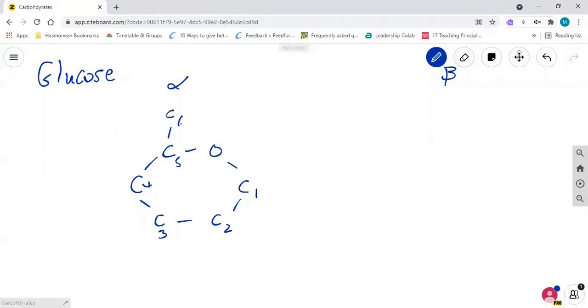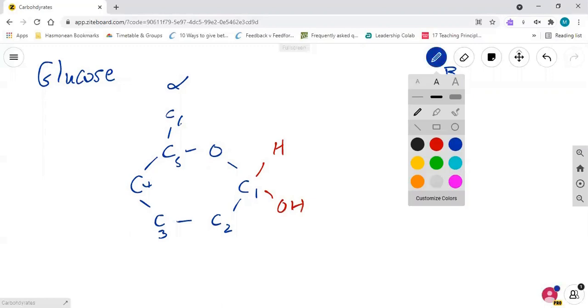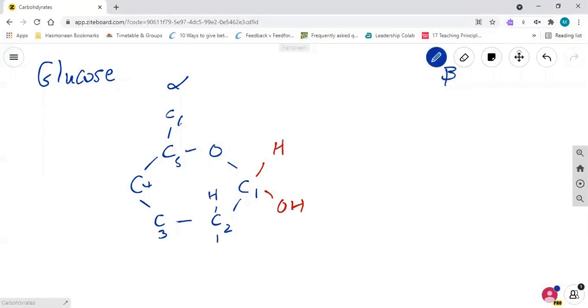You then have on each carbon H and OH, and I'm going to concentrate on the ones over here on carbon 1, because that's the one that we're going to be looking at in detail. So there's my H on the top and my OH on the bottom. Then I'm going to draw in the other ones: H, H, OH. That is alpha glucose.